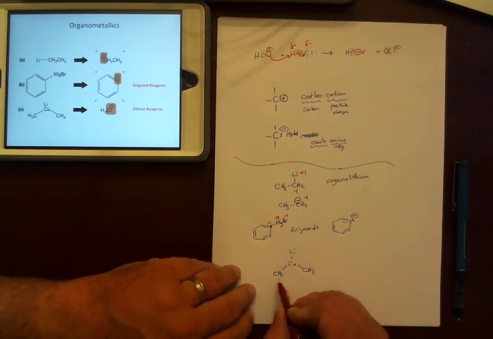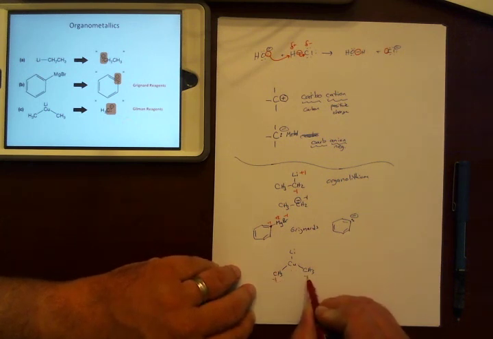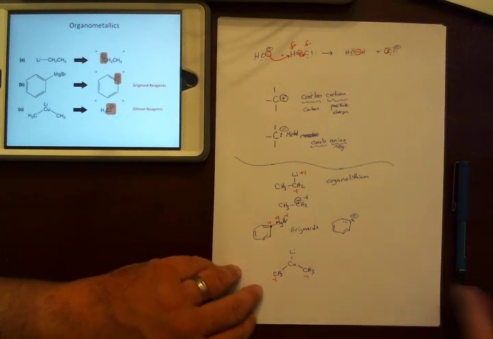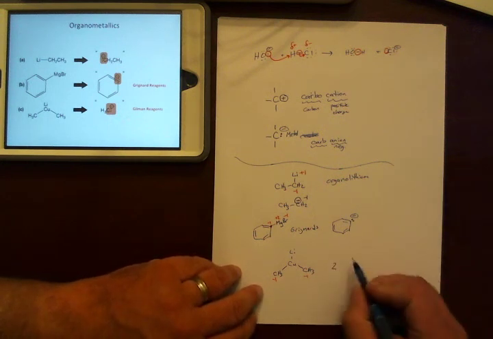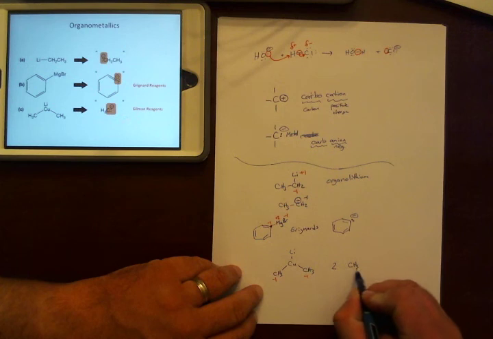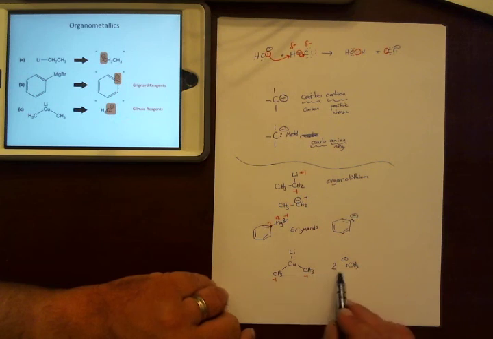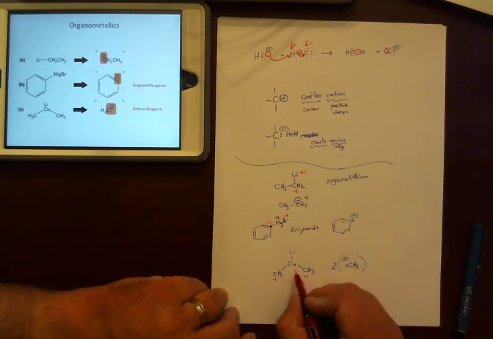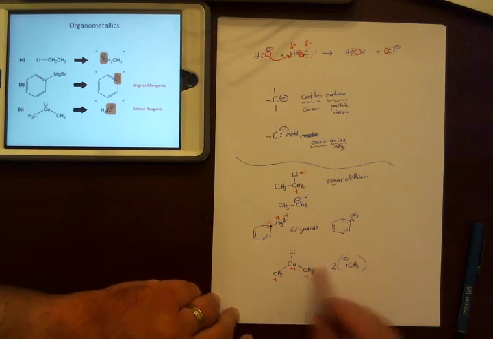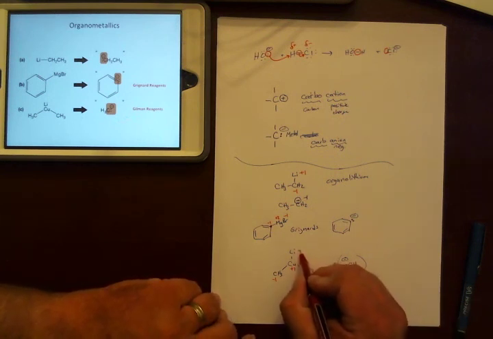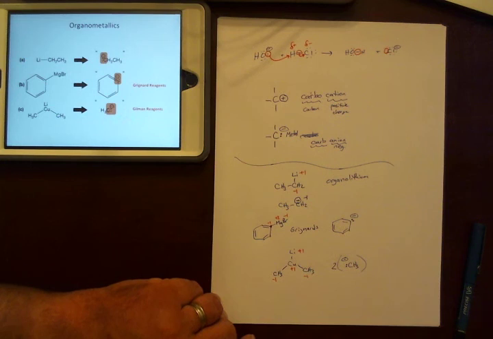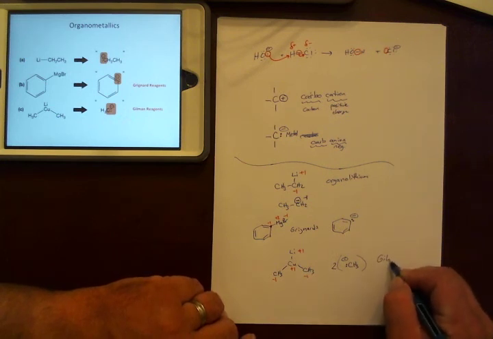Each one of these carbon groups is going to have a -1, because you have 2 of these CH3s, each with a lone pair and a negative charge. It turns out the copper has a +1, and to balance that out you usually have a lithium in here, which is also a +1. This is called a Gilman reagent.